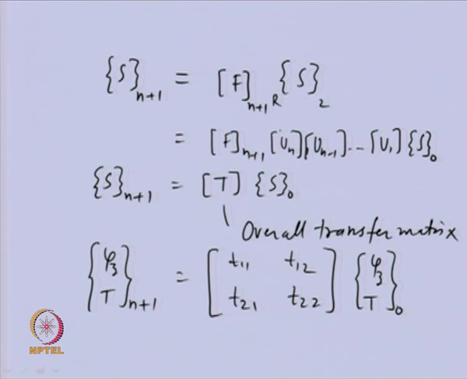So, you can see that we transfer the information of the state vector at 0 station by multiplying by the overall transfer matrix to the extreme right side. From 0 station to n plus 1 station we can get the information, and from other relations we can get the intermediate station information.